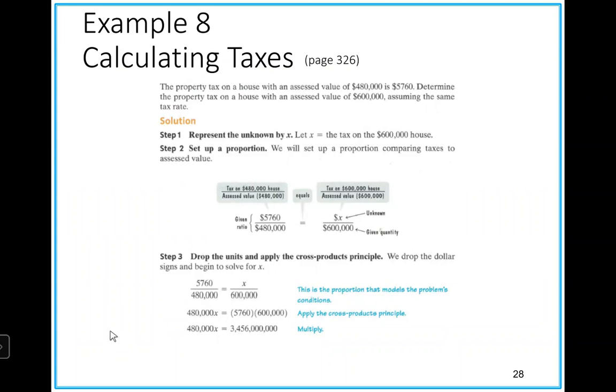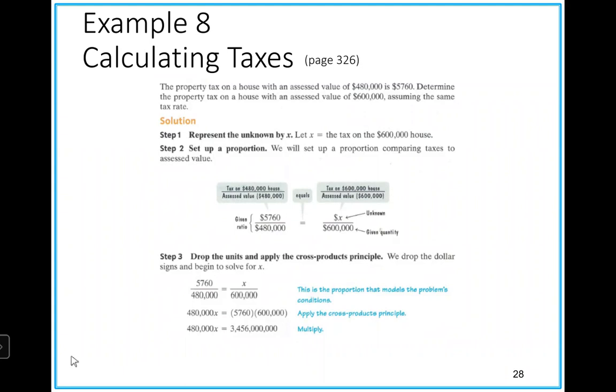On page 326 of your book, they're looking at property tax. The property tax on a house with an assessed value of $480,000 is $5,760. Determine the property tax on a house with an assessed value of $600,000, assuming the same tax rate. In some places your tax rate varies according to the value of a house, but in this case we are assuming the tax rate is the same.